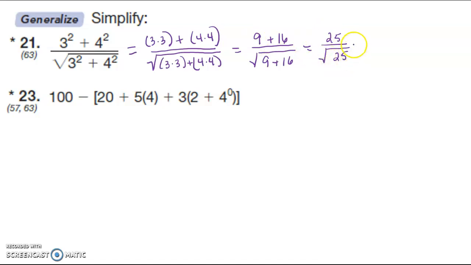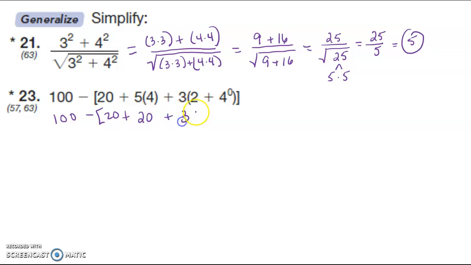Now I need to deal with the square root of 25. The square root of 25 is going to be 5. You have 2 in the house, you take 1 out. 5 into 25 is 5. Okay, symbols of inclusion. Let's write down all the stuff I'm not going to deal with just yet. I can do 5 times 4, I can do 20, plus 3 times 2 plus this is 1.